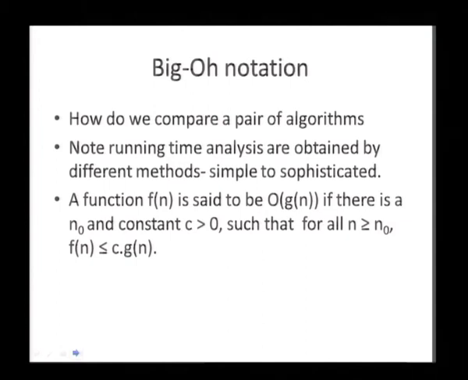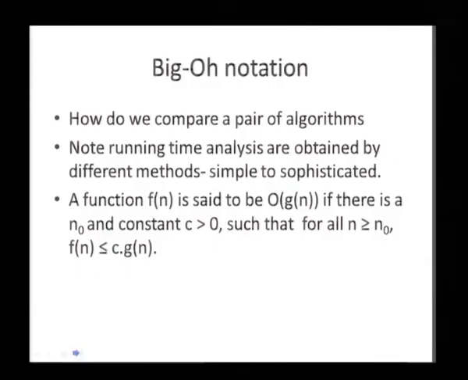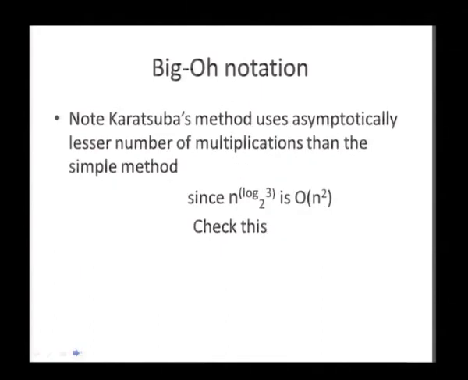This brings us to the last module here, which is the concept called big O notation, where the focus is how do we compare a pair of algorithms. Observe that we have done analysis of running time of these algorithms by different methods. We have used simple methods and sophisticated methods. So, let us just look at Karatsuba's method.